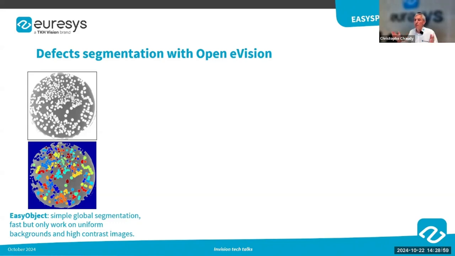EasyObject performs simple global thresholding. So the object must be significantly contrasted to be segmented. And also in EasyObject, we extract the size and the shape of the object. It's usually fairly fast and simple to use, but the image must not be too noisy and the background must be uniform.